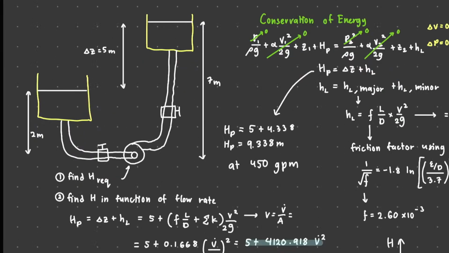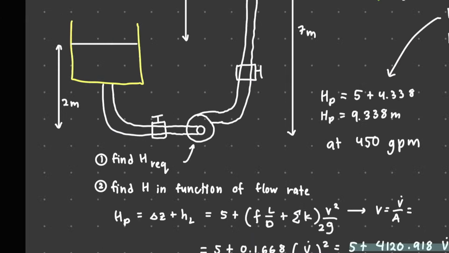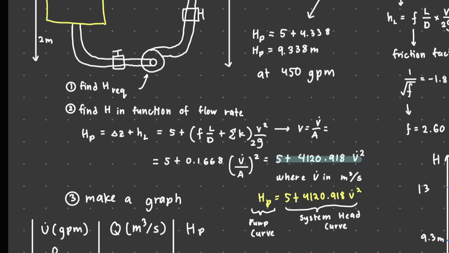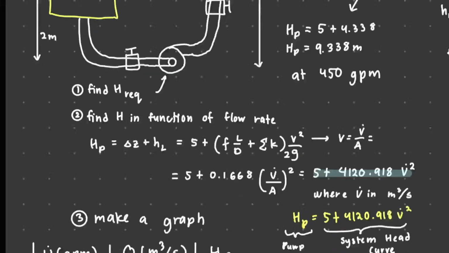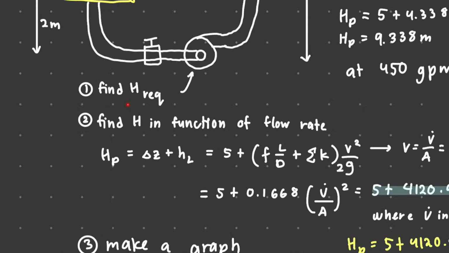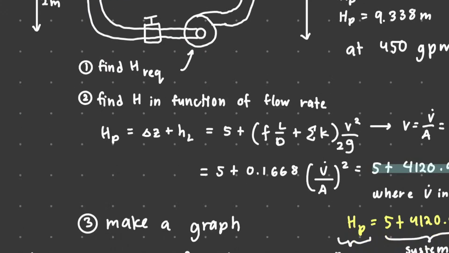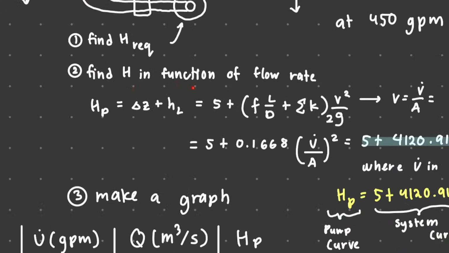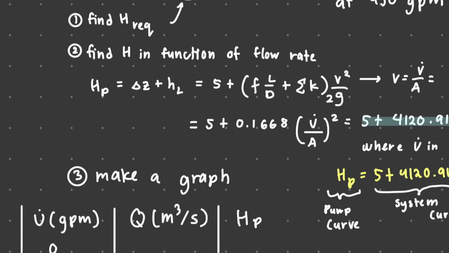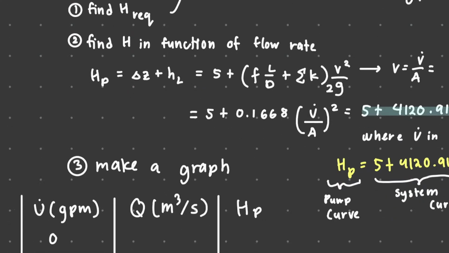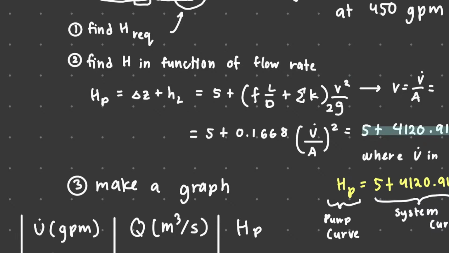So this is how you do it step by step. They don't really teach you what to do, so I'm going to teach you. So first you need to find the horsepower required, and then you need to find the horsepower as a function of flow rate, and then you need to make a graph. So that is exactly everything.